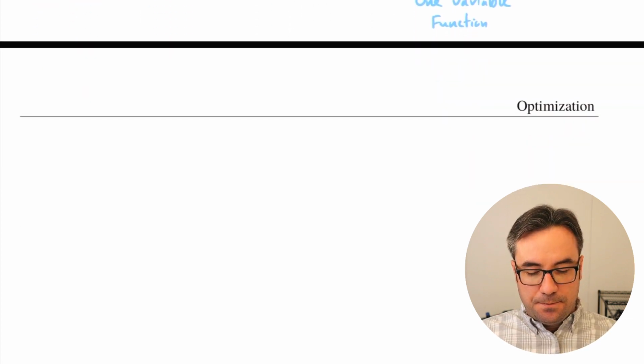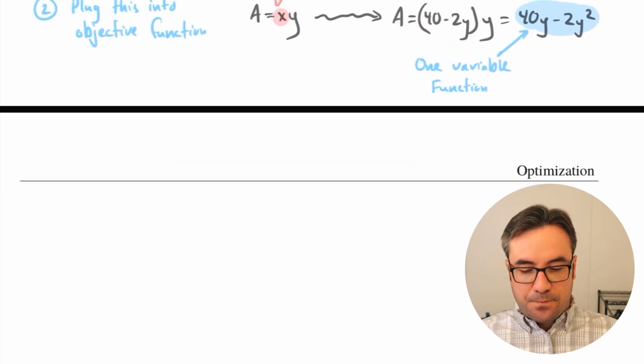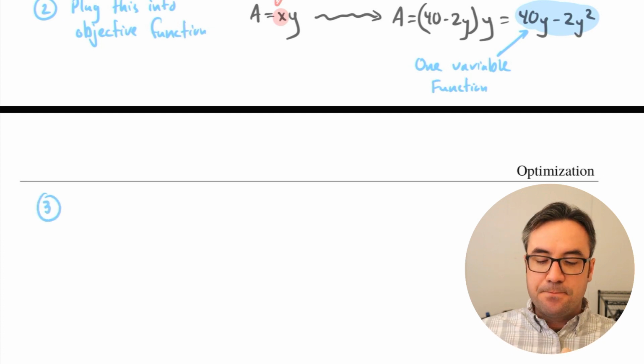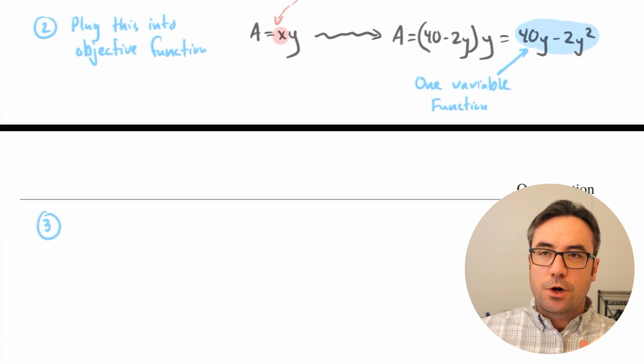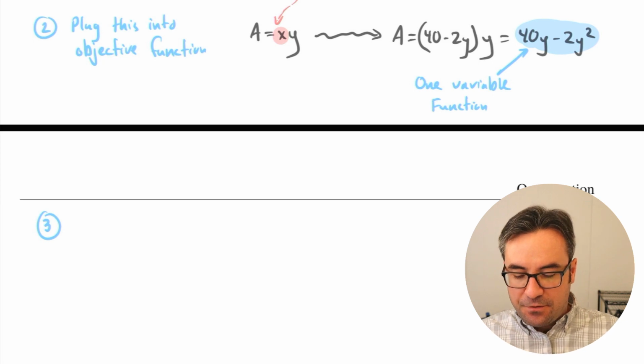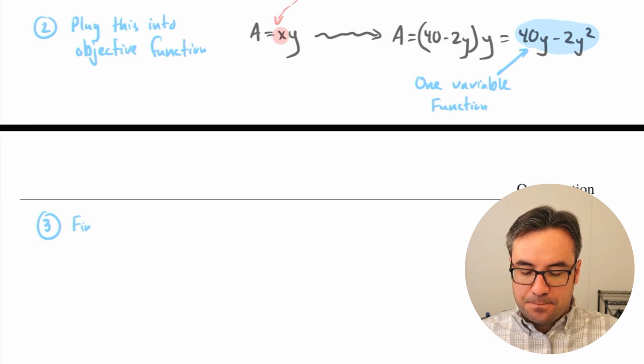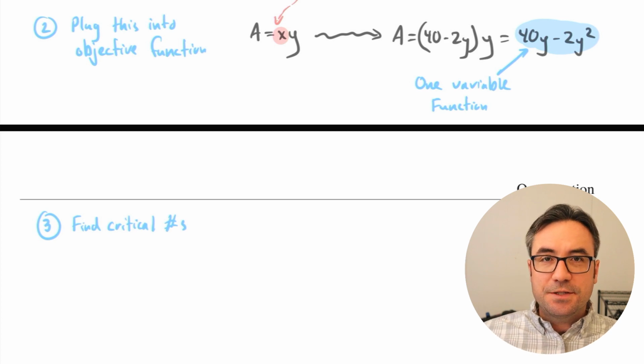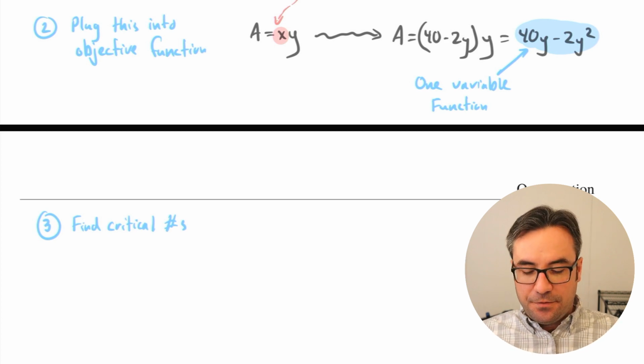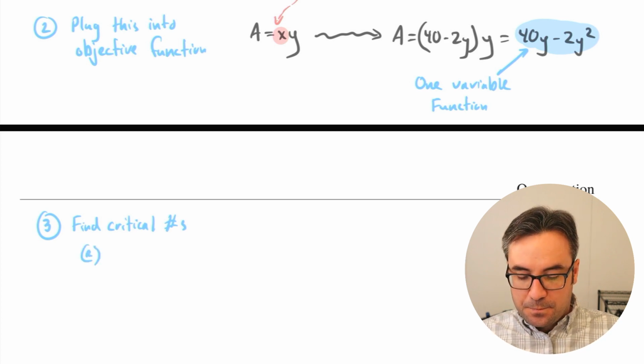All right, so step 3 is we're going to find our critical numbers. And the way we do this is by calculating the derivative. So we're going to calculate A prime of y.